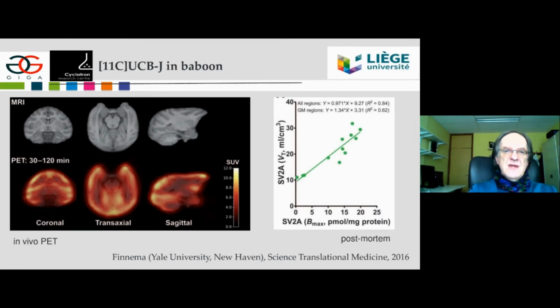And they've seen that there is a very good correlation between what is measured with positron emission tomography and what is measured post-mortem in the same regions of the brain. So again, that was an extremely interesting demonstration of the usefulness of the biomarker to measure something which exactly corresponds to proteins in the brain.